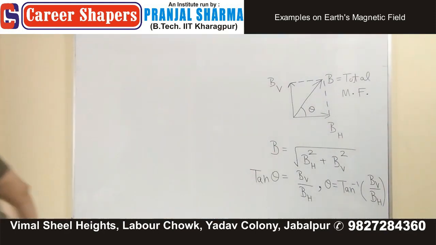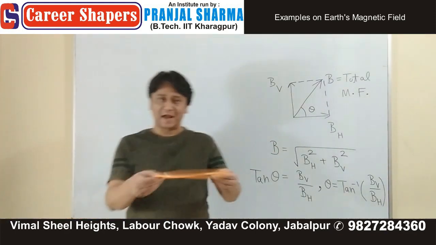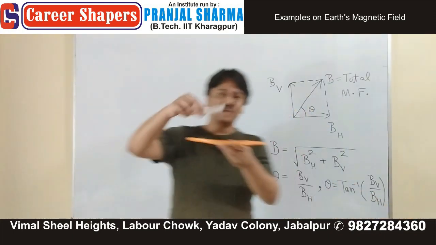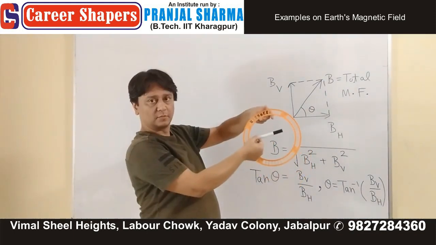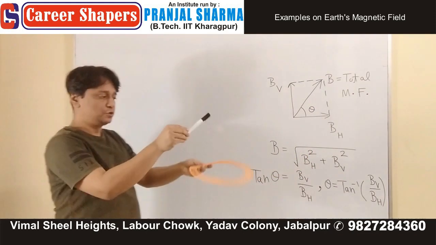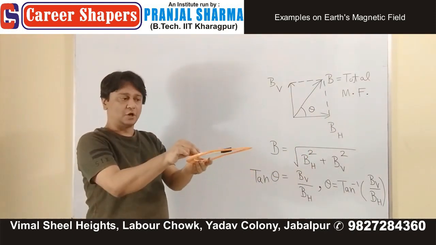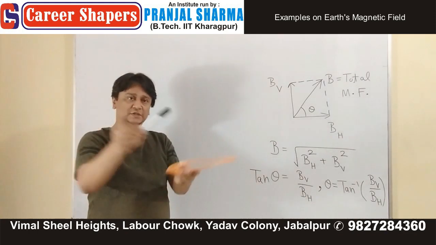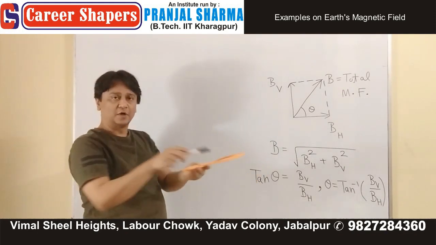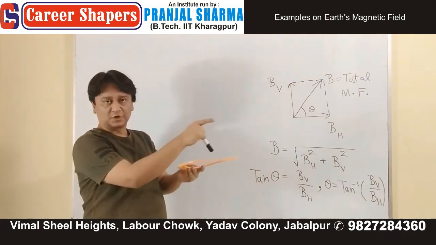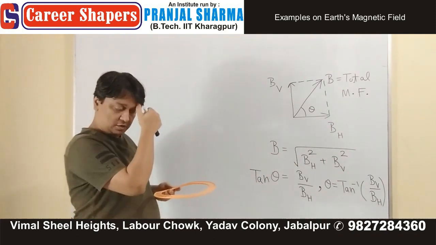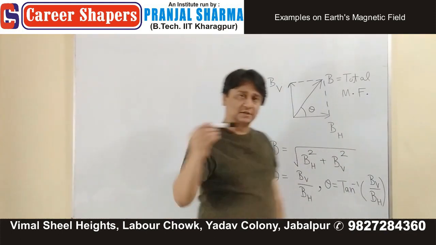For the time being, assume this is your magnetic compass, and inside you have a magnetic needle. So once you hold the magnetic compass in the horizontal plane, this needle can rotate freely, and therefore it will point towards north, giving you the magnetic field line.